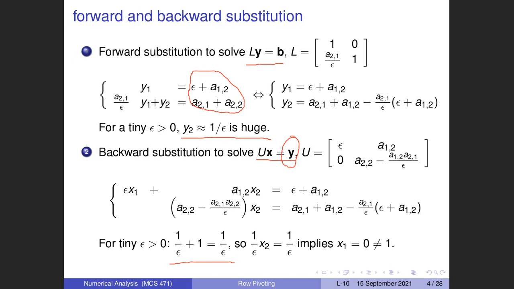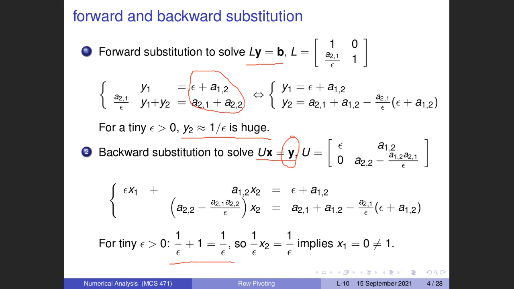Remember, we defined machine precision as the smallest number you can add to 1 and still make a difference. But if you take 1 over that machine precision, then adding that will give you a very large number, and adding 1 to it will actually also not make a difference anymore. And that is actually happening here. If you take epsilon really tiny, smaller than machine precision, then you find that x1 is actually 0.